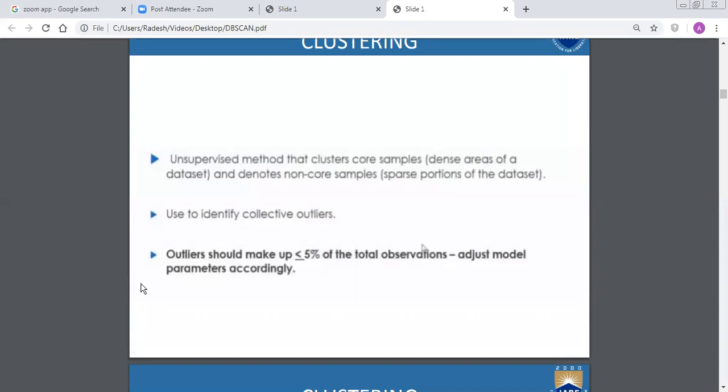So outliers should make up less than or equal to 5% of the total observations, and we adjust the model parameters accordingly.